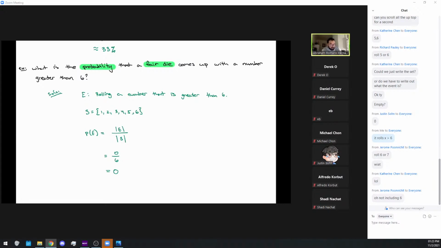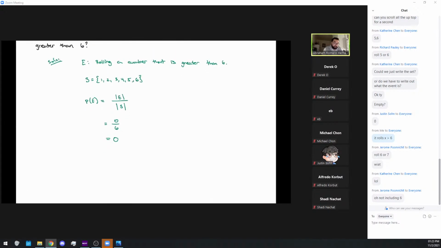Now, by doing this, hopefully you realize something. Note, the probability of an event has to be greater than or equal to 0. So the probability of an event can never be less than 0.